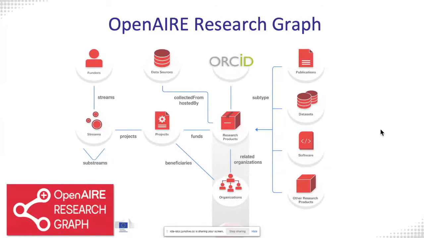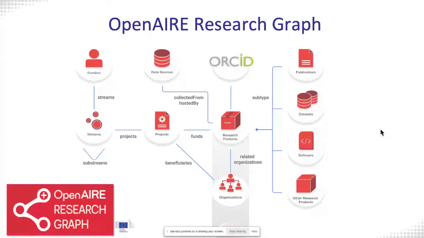So you will find here institutional repositories, data repositories, as well as the largest collections like DataCite, Crossref, Unpaywall, Microsoft Academic, ORCID itself. So we are aggregating, including, deduplicating and building this graph.